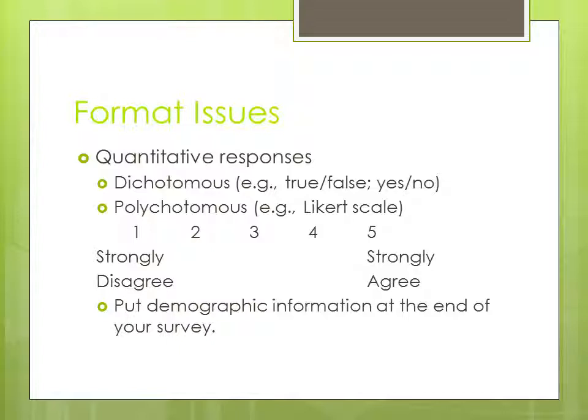You might be worried, why do I want to tell you what my race is, or what my gender is, or what department I'm in, if they don't know what it is they're responding to in the rest of the survey. But if you have it at the end of the survey, they already know what they responded. There's less of this conspiracy kind of thinking in the person responding to the survey item, so oftentimes they're more willing to provide the demographic information.